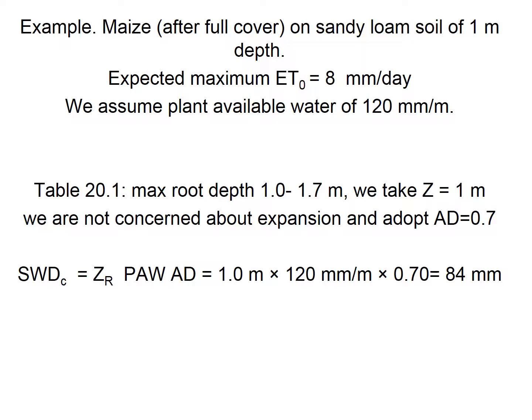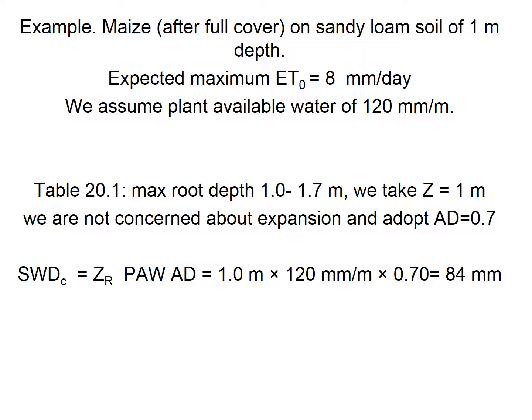For a maize crop after full cover on a sandy loam soil of 1 meter depth, we will also calculate the critical soil water deficit. Now the expected maximum ETO is 8 millimeters per day in July, and we assume also plant available water of 120 millimeters per meter.